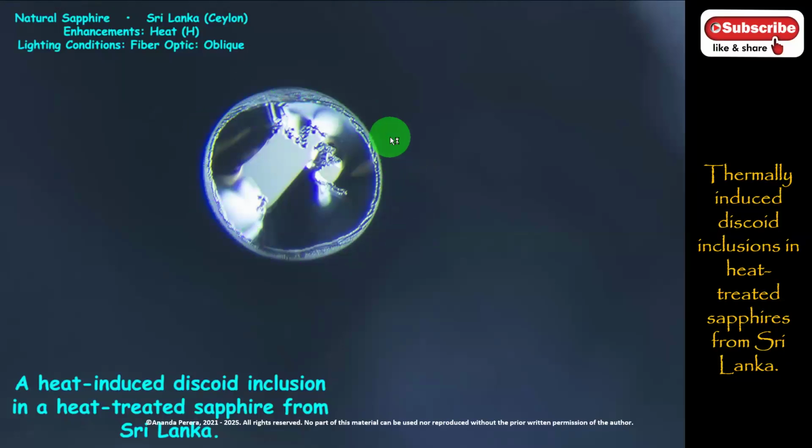This lesson is very, very important because I will explain all the secrets here to understand well about the glassy discoids. Thermally induced discoid inclusions in this sapphire from Sri Lanka. This is the glassy discoid. Thermally induced discoid inclusion is here. This is the inclusion. So remember this.